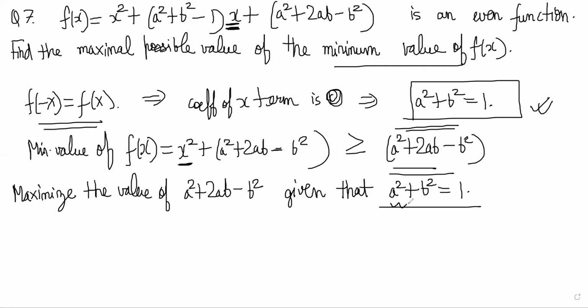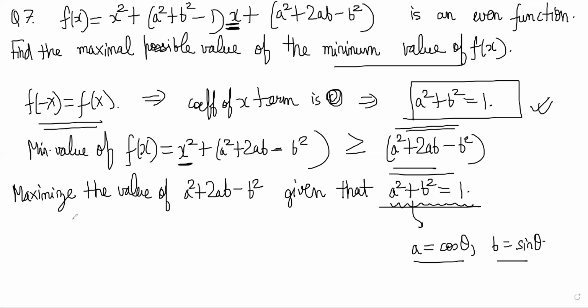Now, because a square plus b square is equal to 1, that gives us a hint that we can parameterize a and b and use a little bit of trigonometry instead. We can say a can be cos theta and b can be sin theta, right? If a square plus b square is 1, there must be some theta for which this is true.